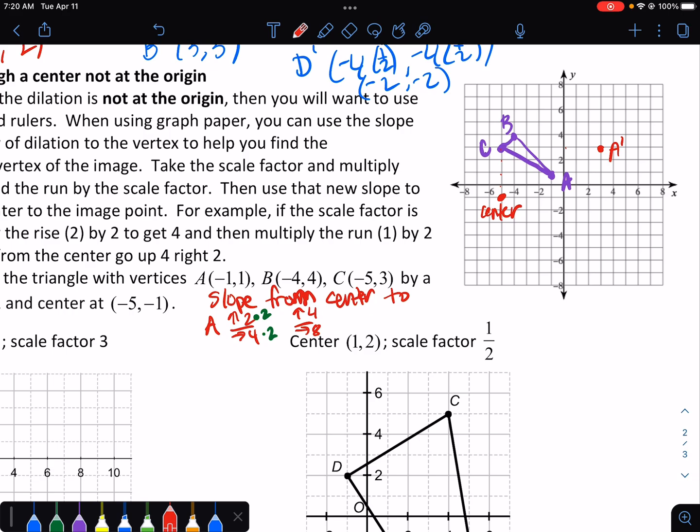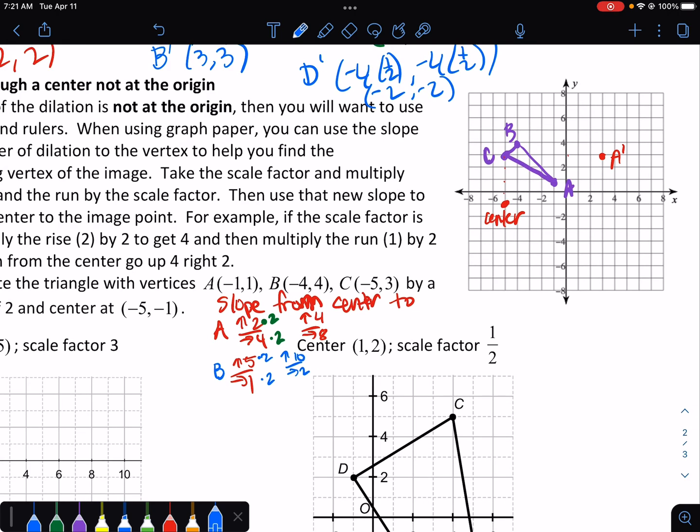Then I'm going to do the same kind of thing with B and C. To B, we're going to go up 1, 2, 3, 4, 5, and over 1. So I'm going to multiply by the scale factor, which is 2. So I'm going to go up 10 and right 2. So if I go up 10, 1, 2, 3, 4, 5, 6, 7, 8, 9, 10, right 2, my B prime is there.